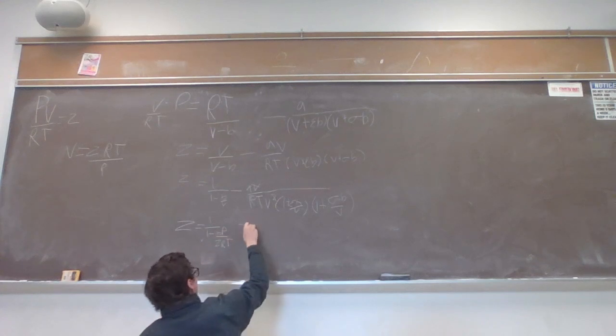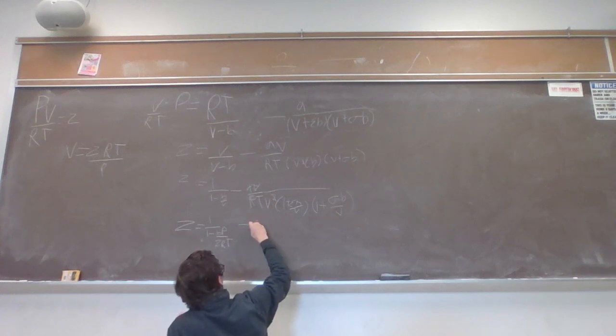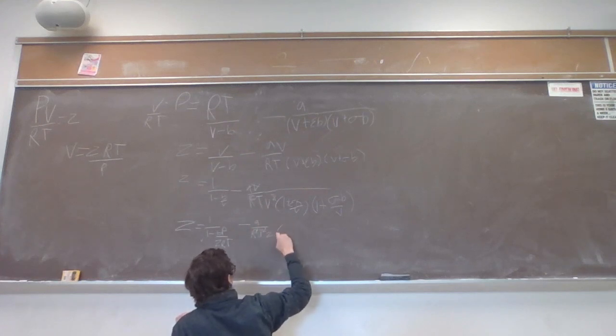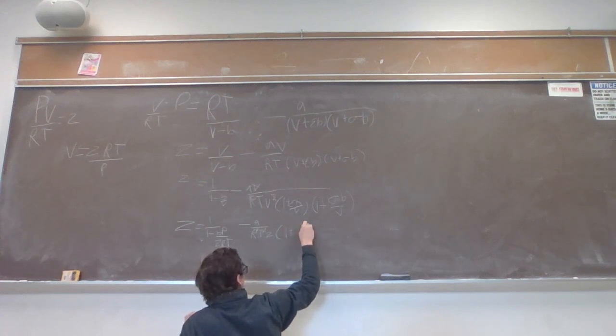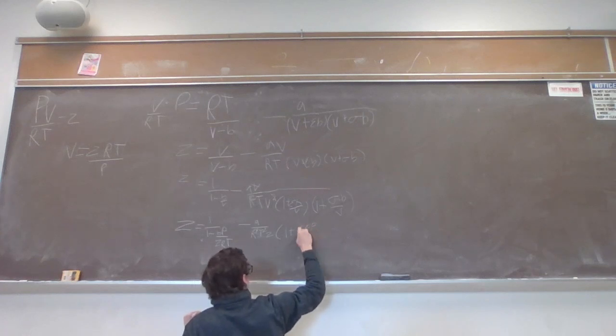And then we would subtract a over RT, and both of those would be squared, and then we multiply by Z, 1 plus epsilon b, and we would also multiply pressure again over ZRT.